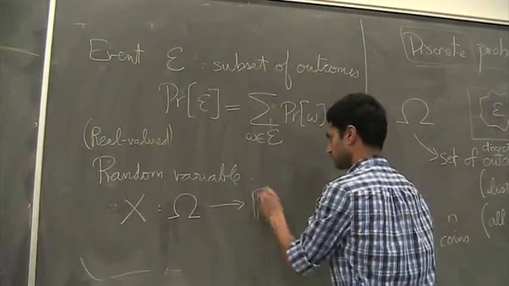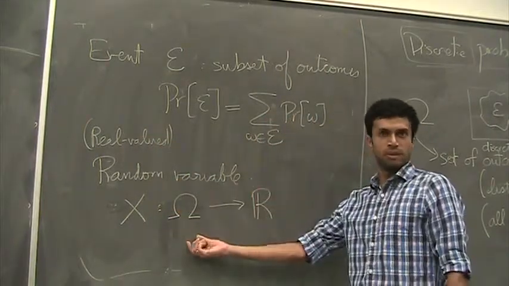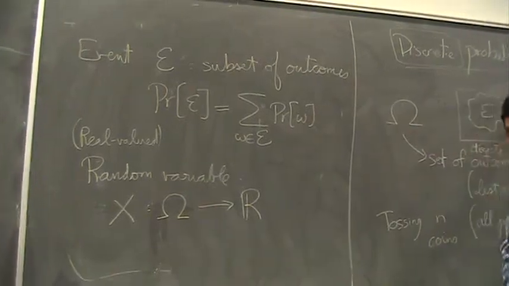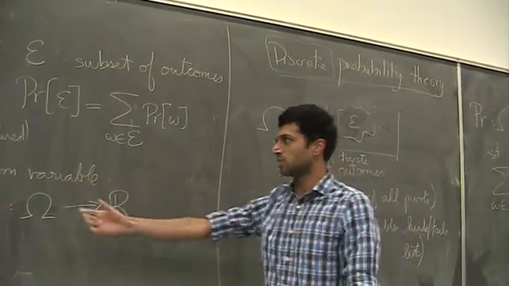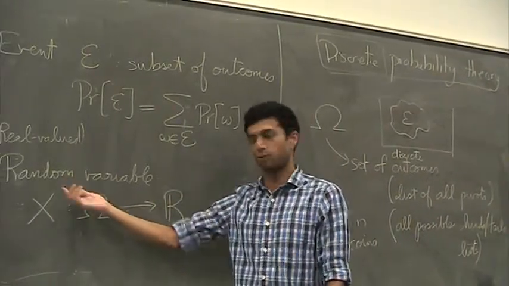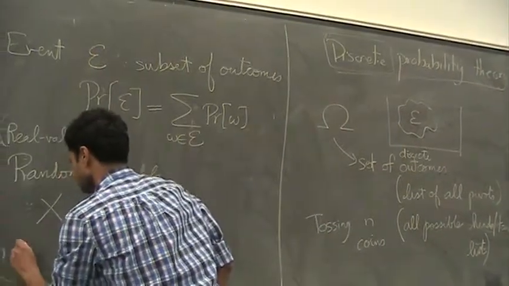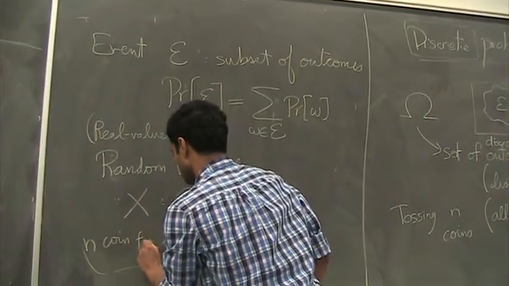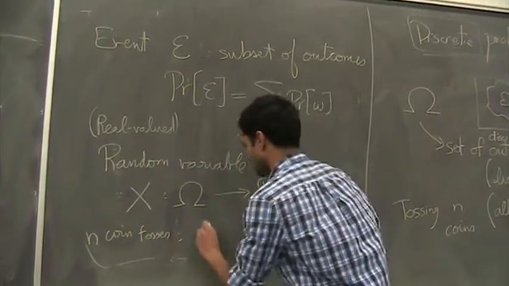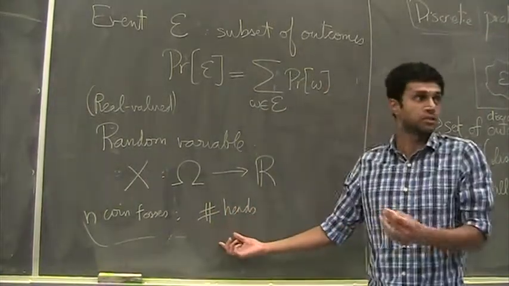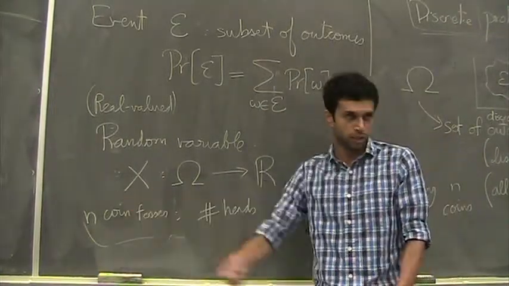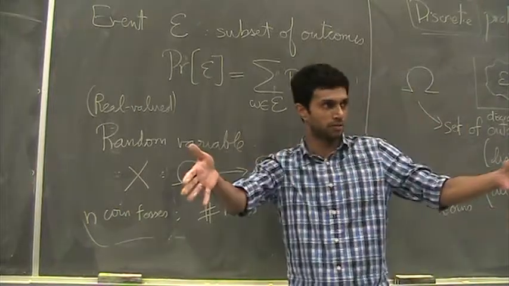It's just a function that maps every outcome to some number. So what is an example of a random variable? If you have n coin tosses, I could say the total number of heads. That's a random variable, because for every outcome there's some number of heads.